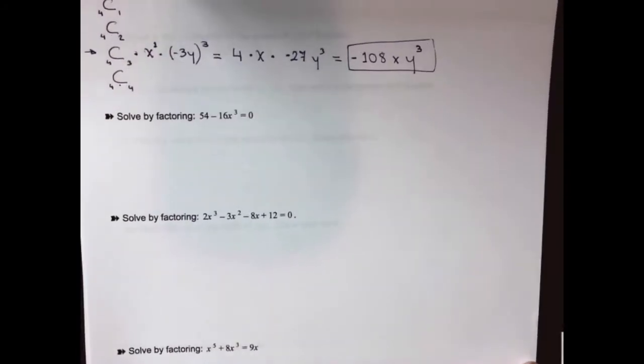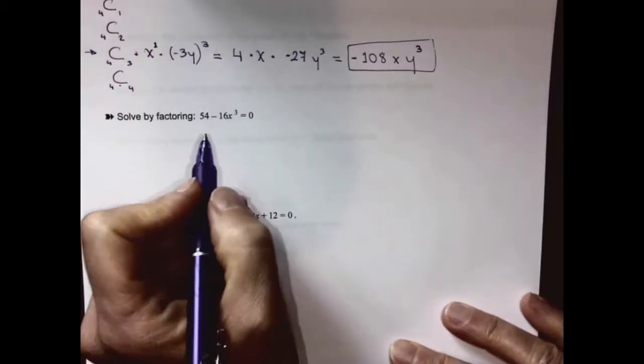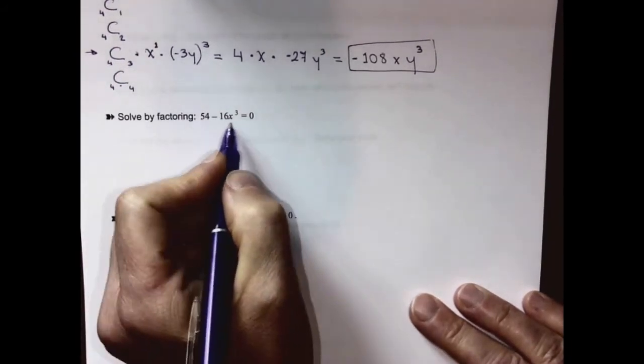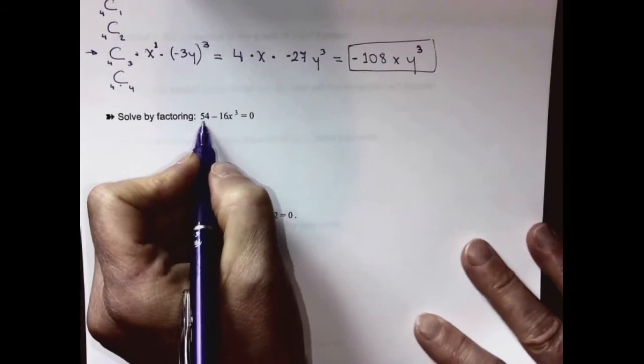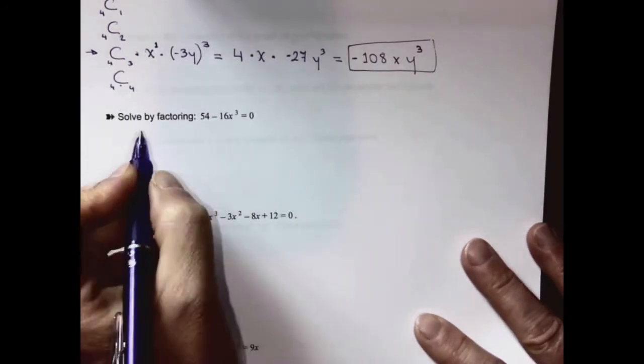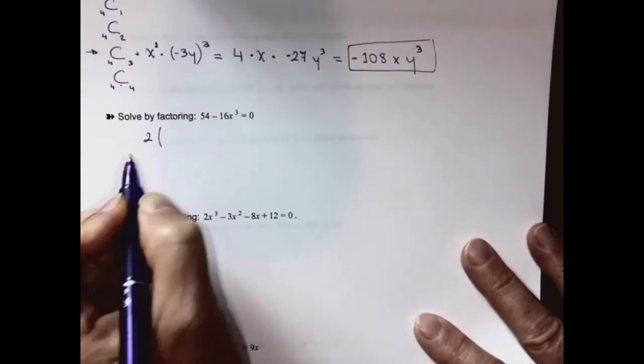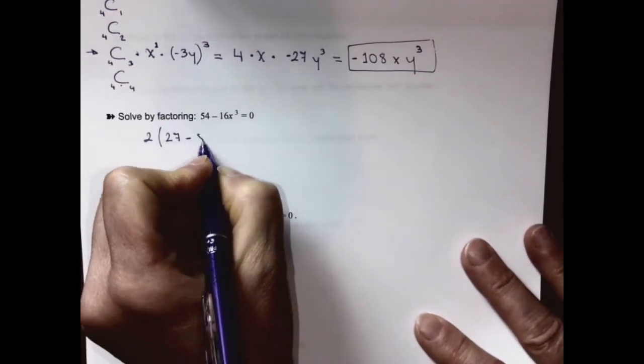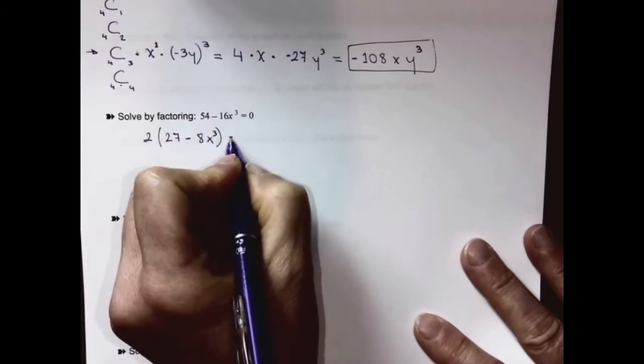Now we're going to go to our identities and to our factoring business. So here I'm looking and I said, that doesn't fit any of my identities, but do I have a common factor? And in fact I do, right? There is a factor of 2 in both of those. So I'm going to take out a 2, and that will be 27 minus 8x cubed.